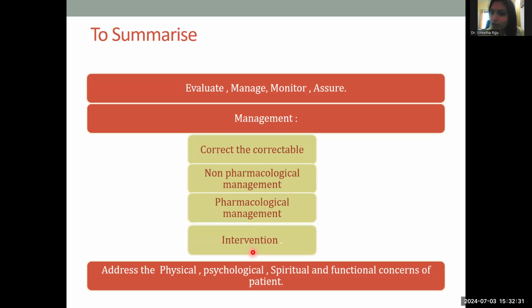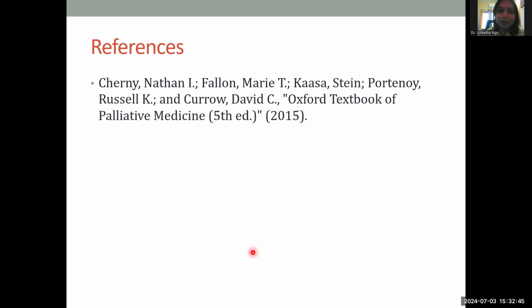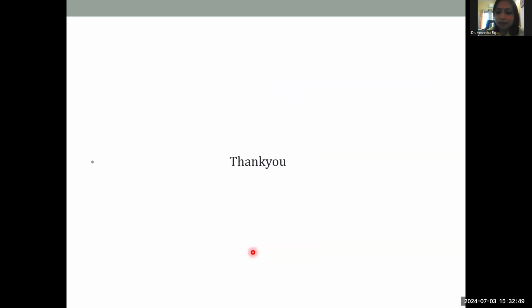Also, it is not just the physical symptom, but also the psychological, spiritual, and functional concerns of the patient that have to be managed on the whole, because in palliative care, we treat the patient as a whole. Okay, so these are my references for today, and thank you.